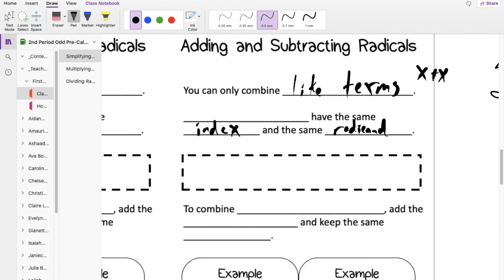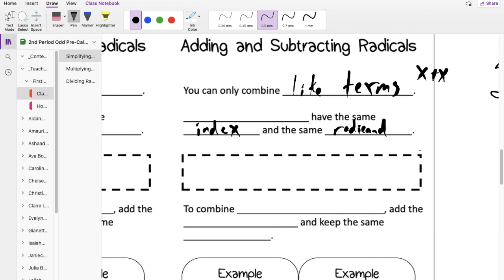When you have the exact same index and the same radicand, so basically x plus x has the same exponents, you can add those together. x squared plus x squared, you could add those together. When you're adding these like terms together, you're only going to be adding the coefficients together.